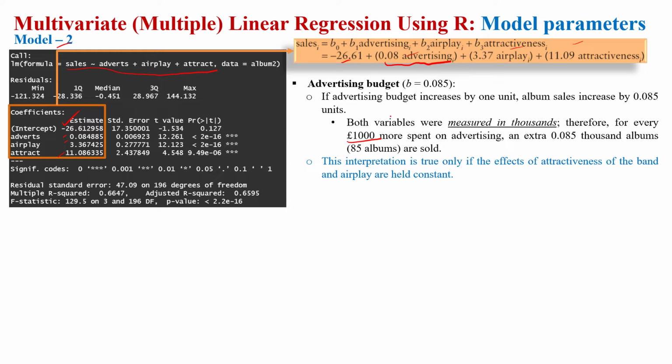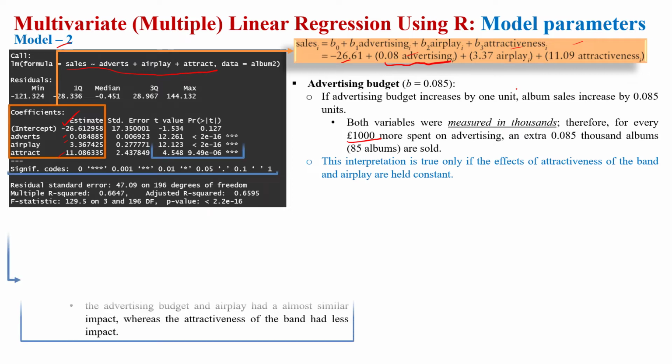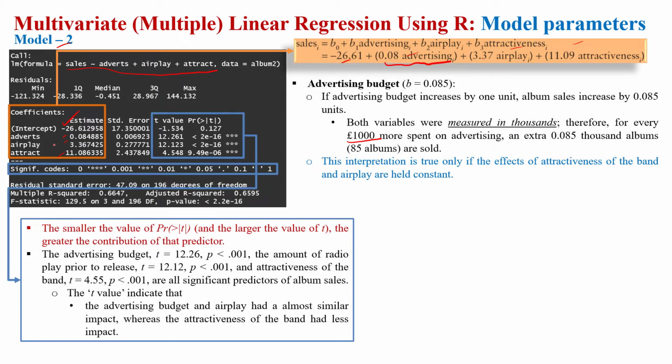But remember that this would be only true if we assume that the effect of the attractiveness and the airplay is going to be constant. Similar interpretation is for airplay, and similar for attractiveness.